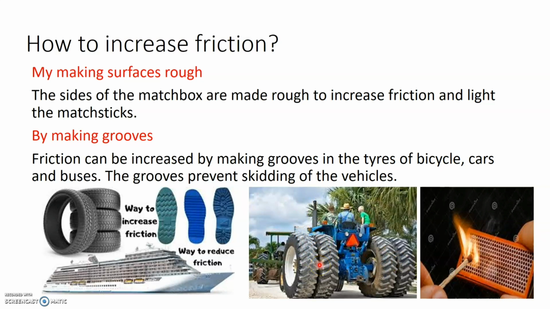We have already learned another way in which we can increase friction: as you see here, the soles of your shoes also have such grooves, which help to increase friction so that the person can walk on the surface with a grip. So by making grooves and by making surfaces rough, we can increase friction.